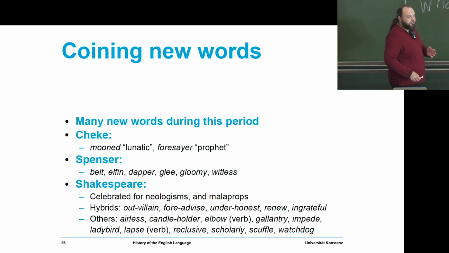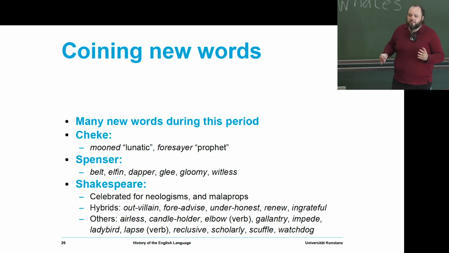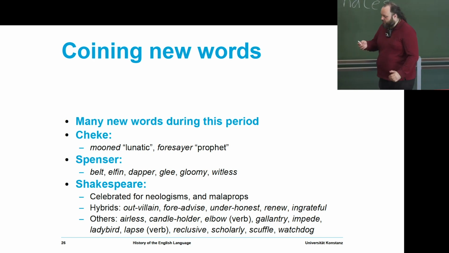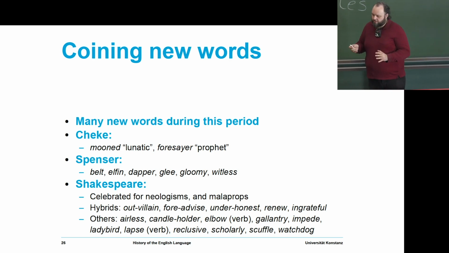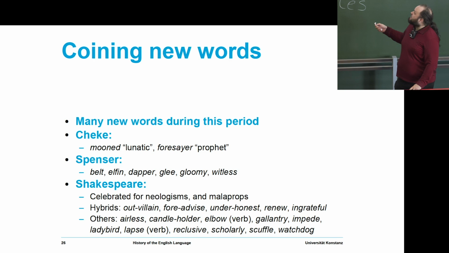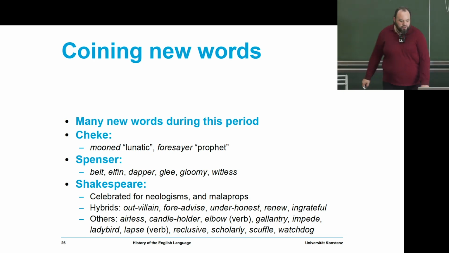And Cheke was actually quite creative because he tried to create new words so that you didn't need to use borrowings. So the word prophet, for instance, comes from Greek originally. He said, no, don't say prophet, you should use the word foresayer, because that's a nice, clean English word. And lunatic, again, a learned borrowing. We shouldn't use this, we should use the word mooned. Right? Rather than saying someone is a lunatic, we should say that they are mooned.